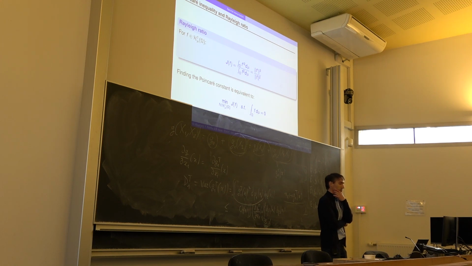Okay, I go to the most important. To compute the optimal Poincaré constant, we use the Rayleigh ratio, which is the ratio of the energy of the derivative divided by the energy of the function with L2 norm, okay? So it's a ratio of square norms.